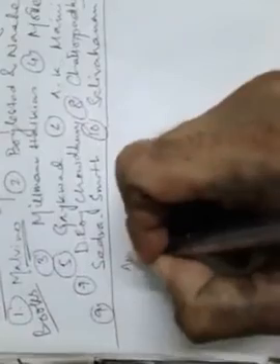Now, before going into that, let us have an idea about the term analog electronics. The word electronics comes from the science of electrons.